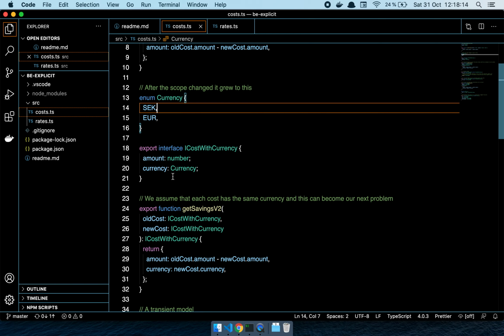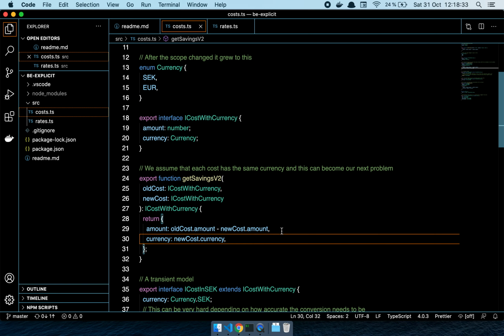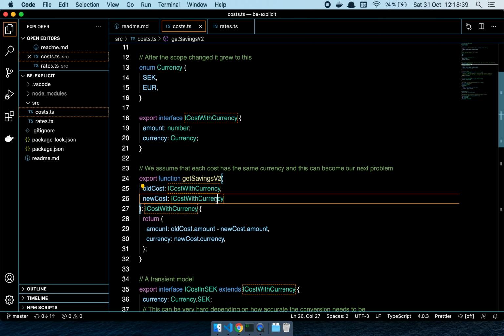And as you can imagine, the first thing that happens is that we have massive issues trying to align all of these models so that we can guarantee that something like this logic, just by looking at it, looks okay, because all you're really doing is assuming that the old cost and the new cost have the same currency, but you don't have a way of enforcing that.